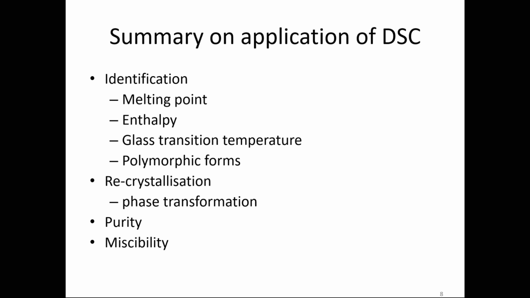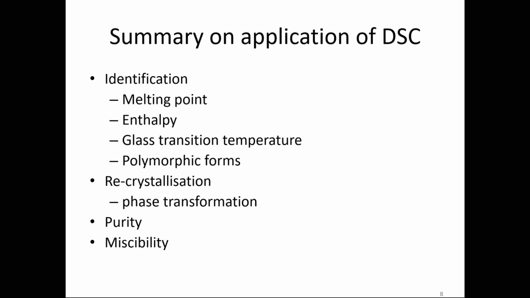Melting enthalpy will be calculated based on the area under the melting event curve. Then you could identify glass transition temperature, and you also could identify the presence of polymorphic forms. Then you could use DSC to study recrystallization and various phase transformations. Also, you could evaluate purity.